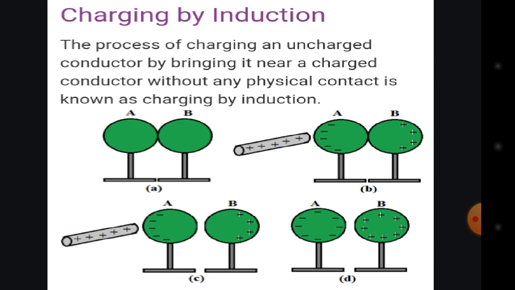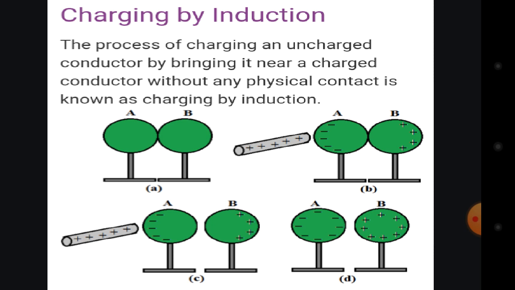And if you look at diagram B, the sphere of B, you will see that the positive charges shift back. Why did they shift back? It is because we are also trying to use a positive charge. That is why it will move back. Then the negative charge will do the transferring, because they are not the same.